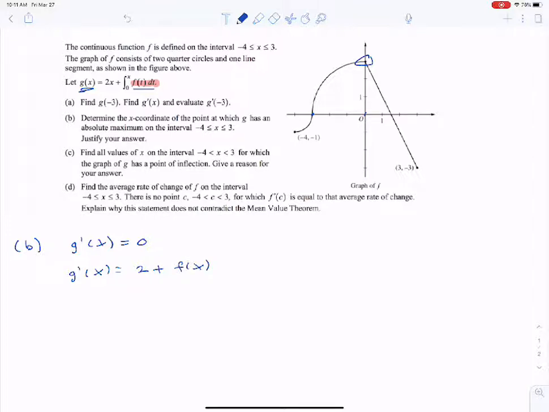We already did that in the last one, so that should still be good. And then I'm going to set that equal to 0. So I'm going to say 2 plus f of x. Okay, before I continue, let's see if there are any questions. Looks like there is a question coming in right now.